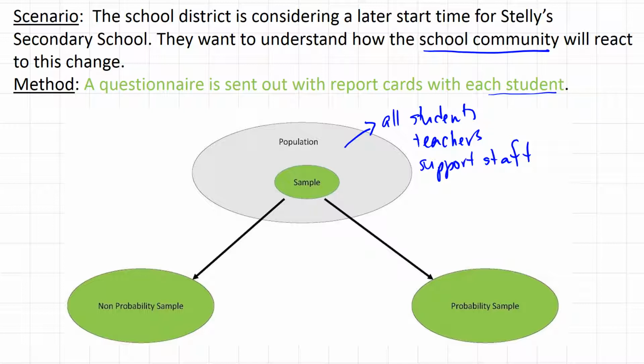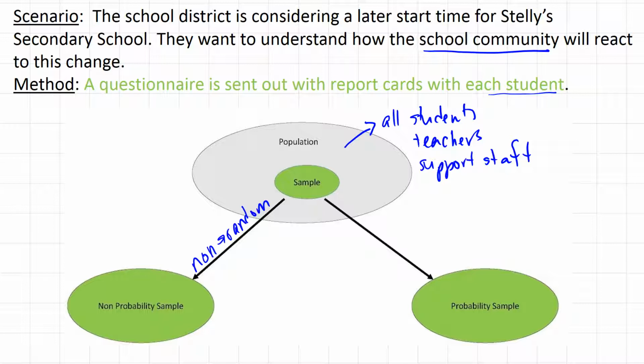So right away you can see that the sample is not a very good representation of the population because they're missing teachers and support staff, and it is not random. So it is a non-probability sample, and it's a questionnaire to be sent out with report cards.